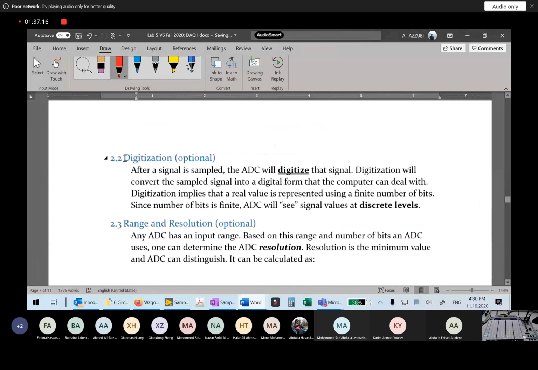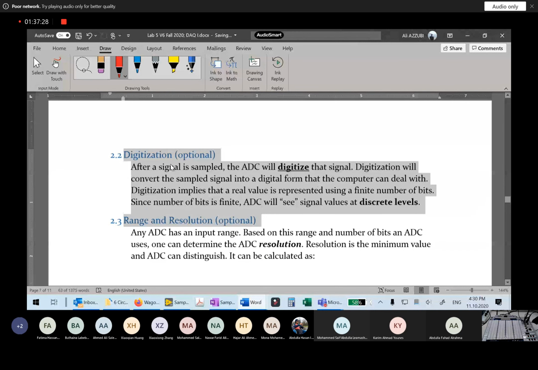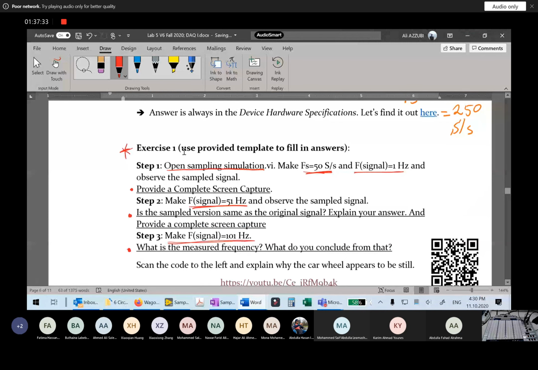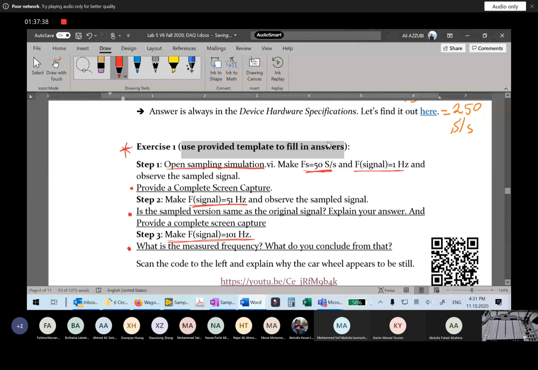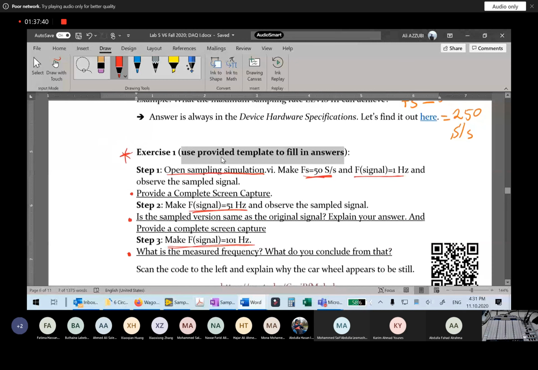All right, digitization. Now, this is optional. I will skip this. This explains a little bit about digital signals. All of this, the sampling, I discretize the time, so what I actually have is a discrete time signal. On discrete time signals, you care about the sampling frequency. Now, if you digitize the signal, that's something else.